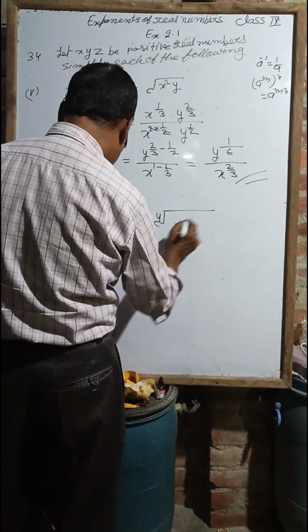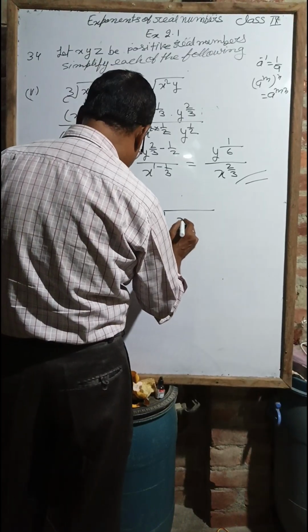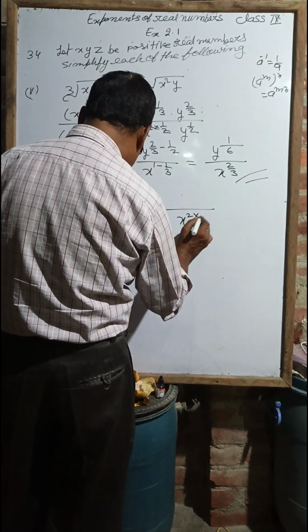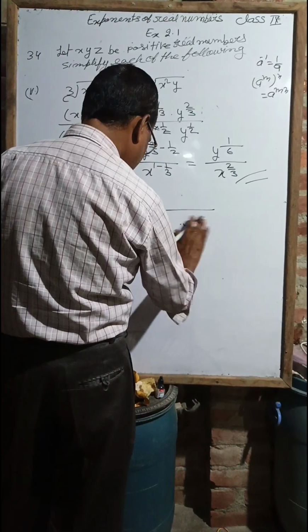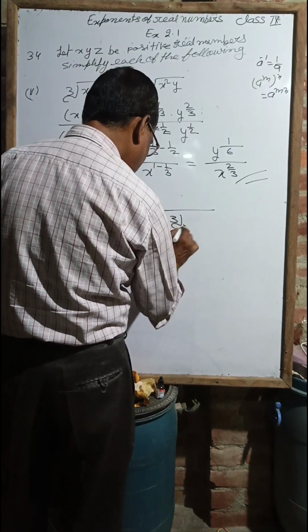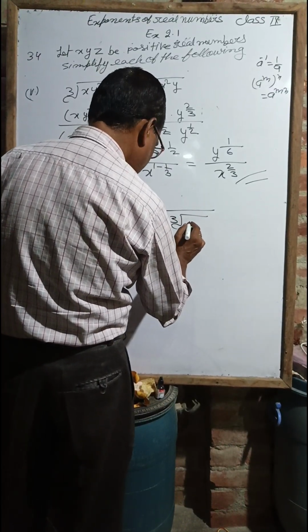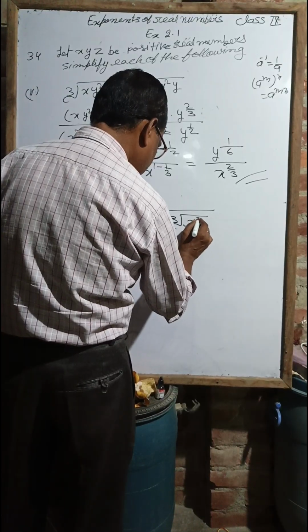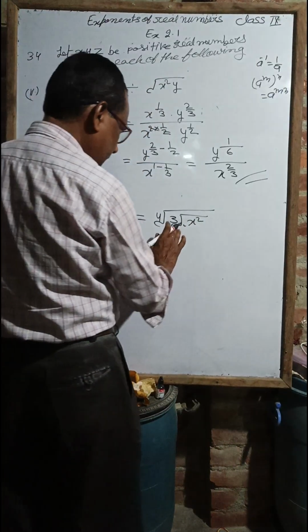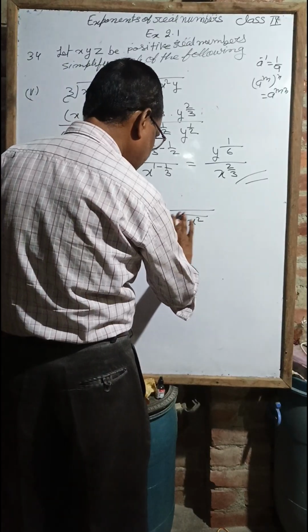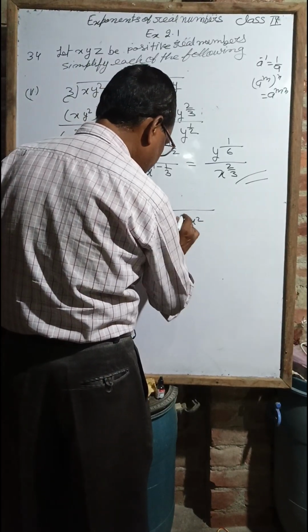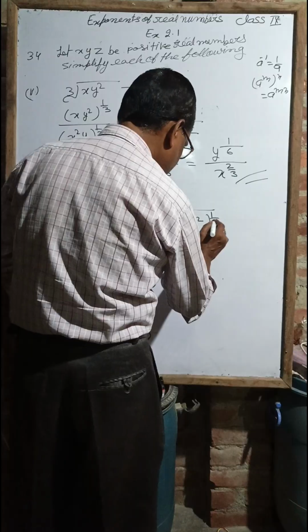And the last part of this question is equal to fourth root of x square raised to the power, cube root of x square. Cube root can be written as x square whole to the power 1 over 3.